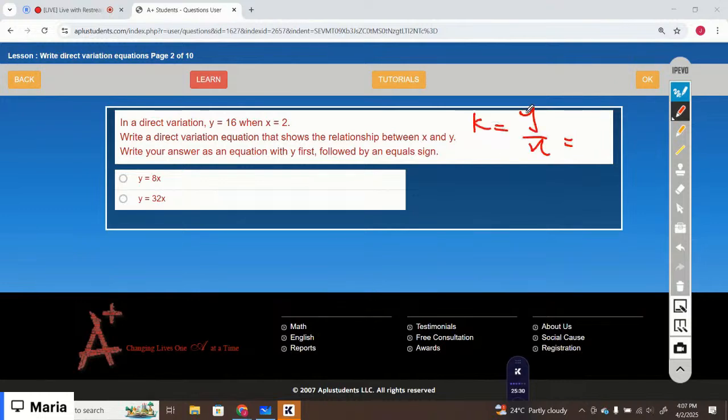That is k equals y by x, that equals 16 over 2, that is 8. So the equation is y equals kx. So k is 8, the equation is y is 8x. Option number 1 is the correct option.